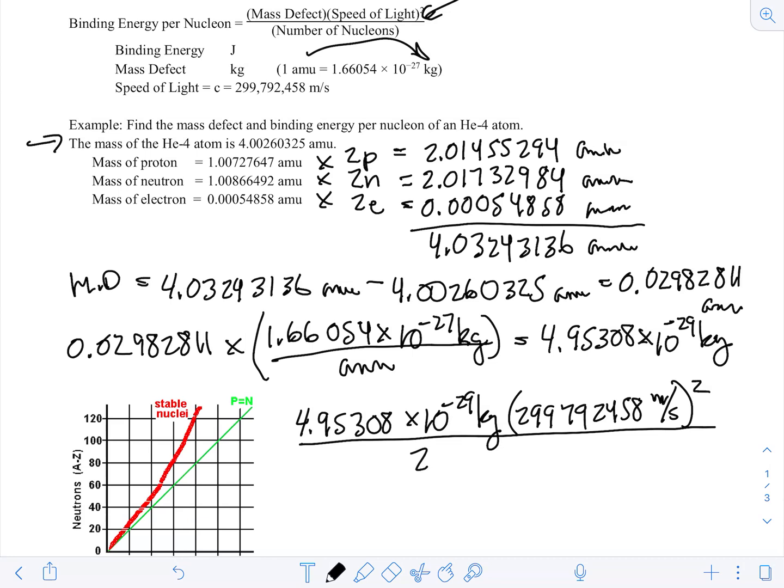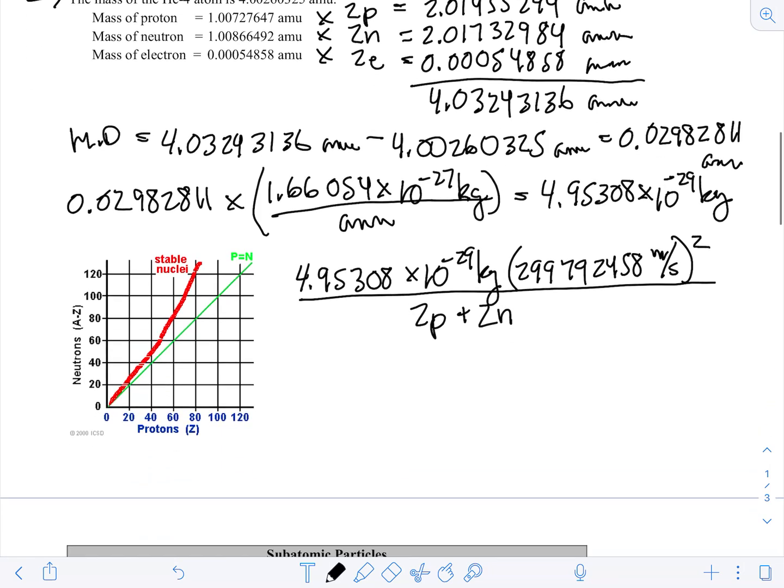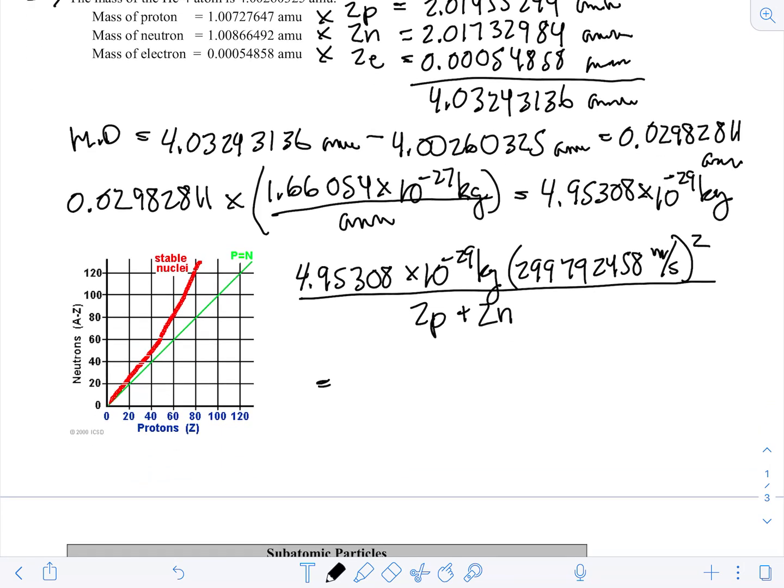And we're going to divide by the 2 protons plus 2 neutrons because we want nucleons. So when you do that, you essentially get 1.11290 times 10 to the negative 12. And because that's energy, we're going to call it joules per nucleon.